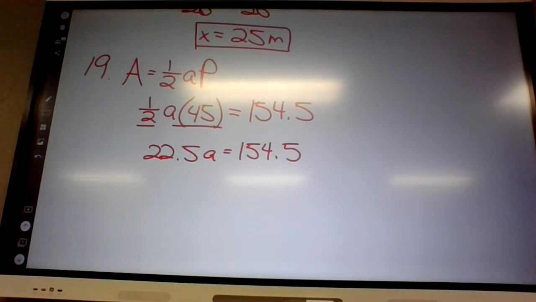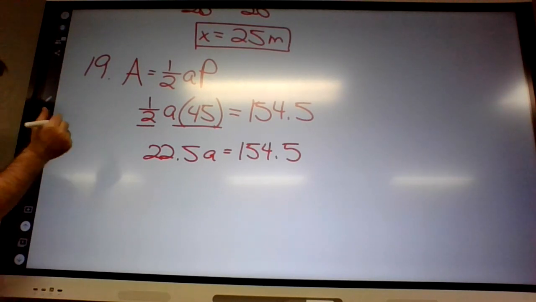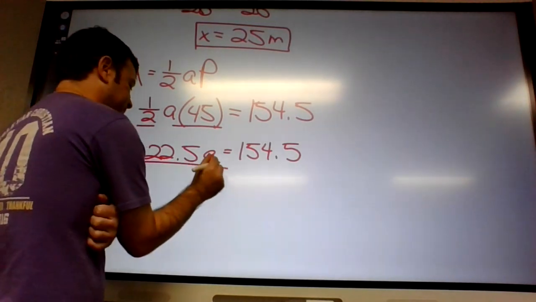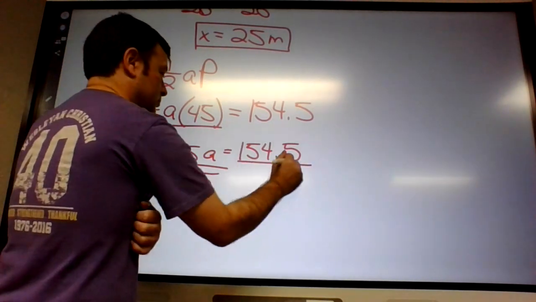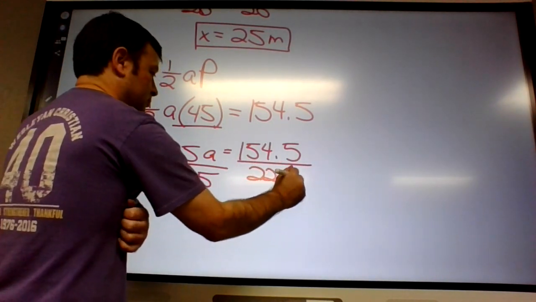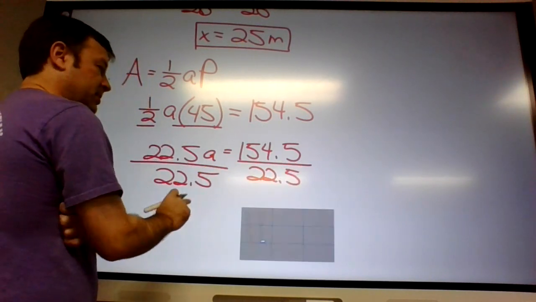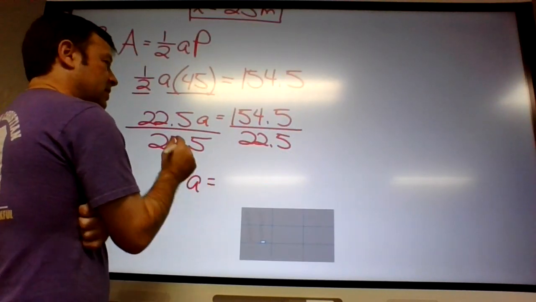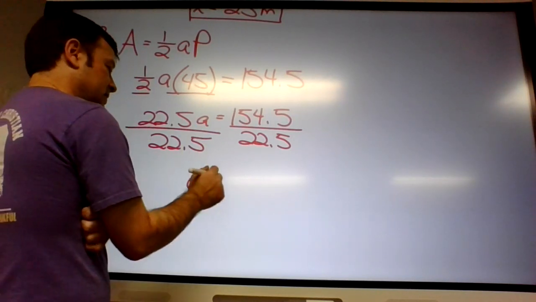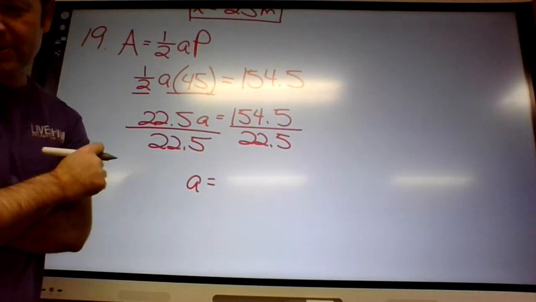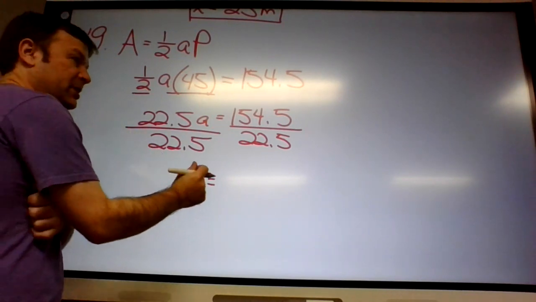Dividing by what? Okay, that'd probably be a good calculator thing. It's 6.86 repeating. Is it really? Yeah. Okay, they just put about 6.9.